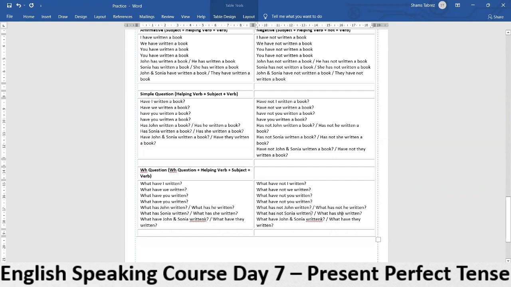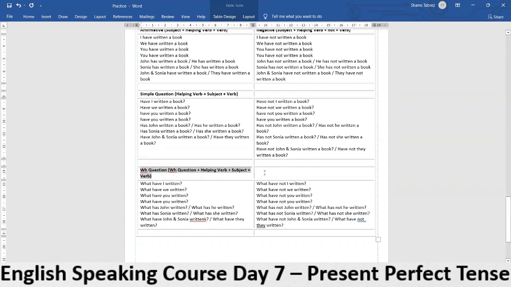Then what has not she written? What have not John and Sonia written? Then what have not they written?